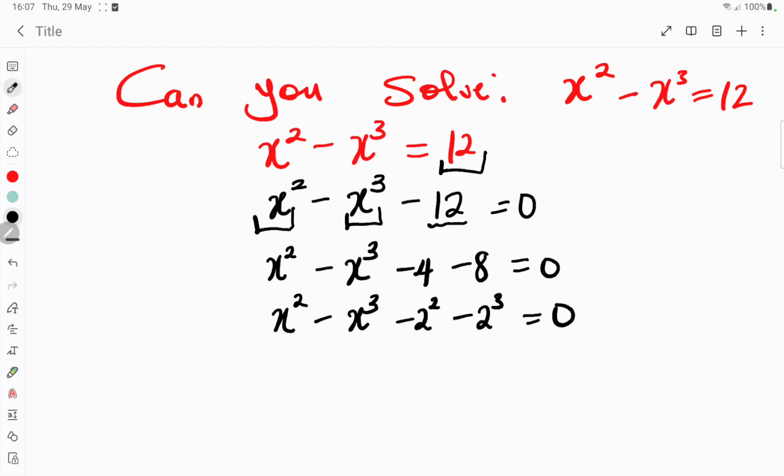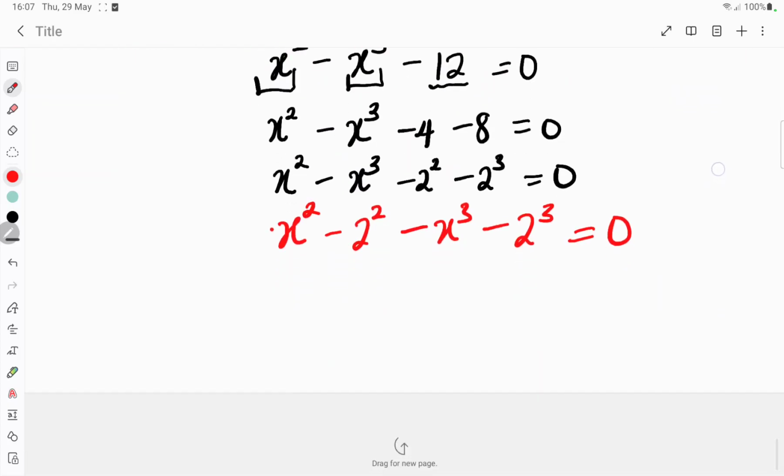So we have to bring the two terms that have squares and the two terms that have cubes together. So bringing them together, we have x squared minus 2 squared minus x cubed minus 2 cubed is equal to 0.